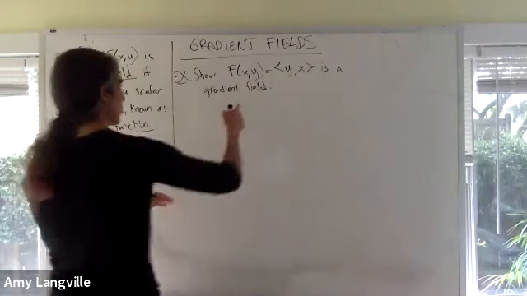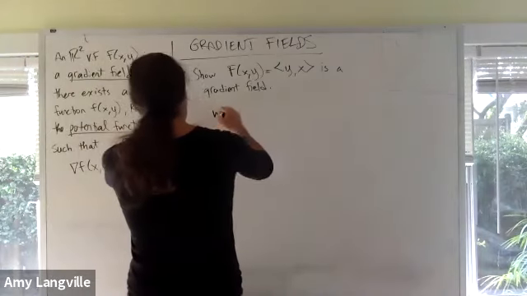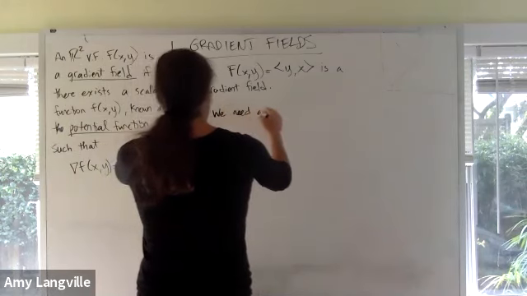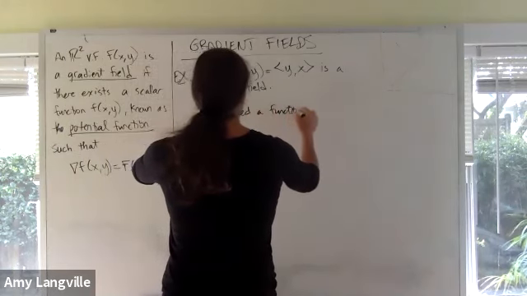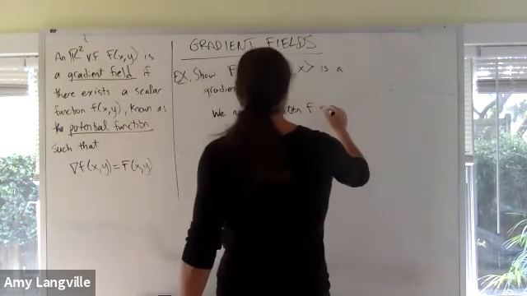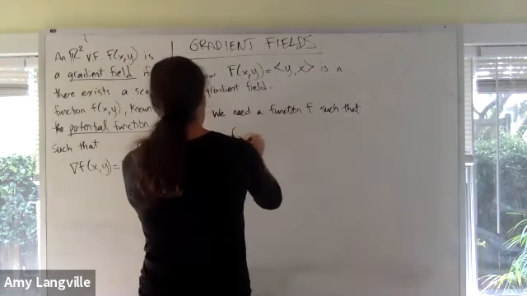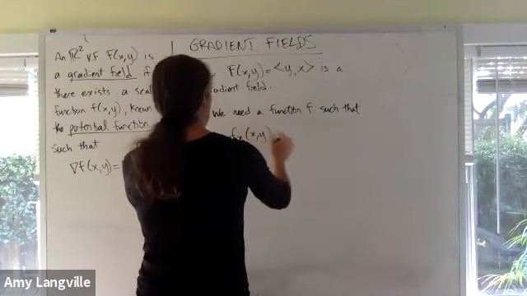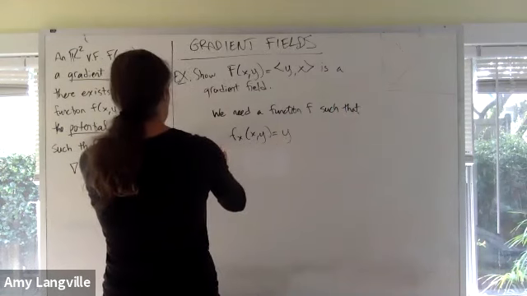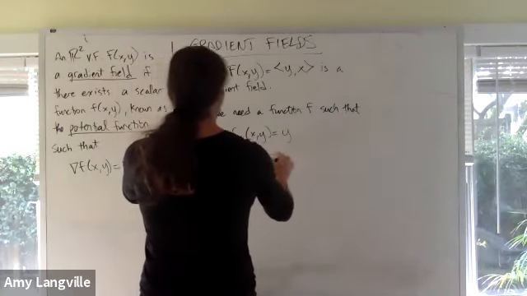Okay, so for this one, we'd have to come up with what we need. We need a scalar function, the potential function f, such that f sub x at (x, y) is y, and f sub y at (x, y) is x, right?